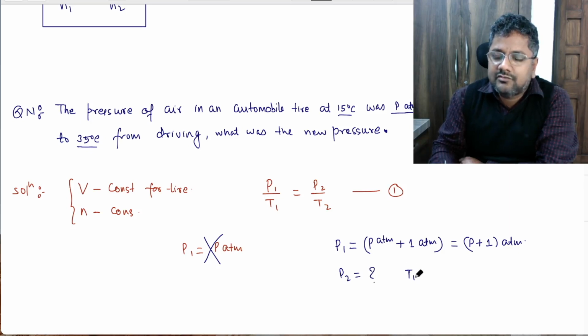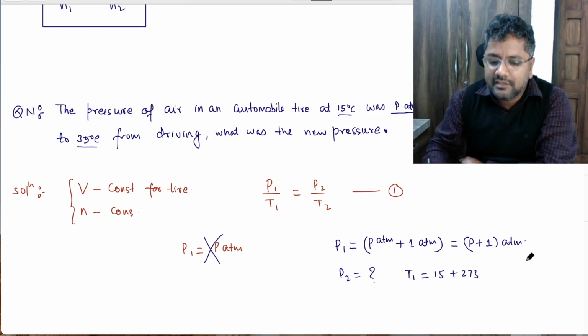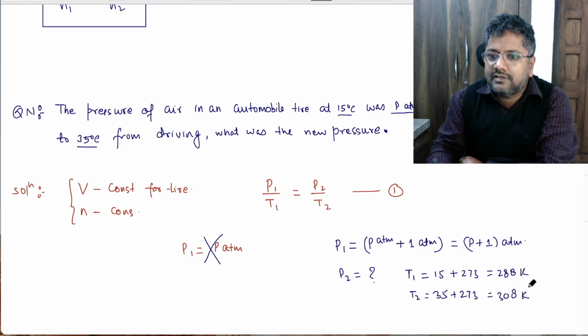T1 is equal to 15 plus 273, so we can take it as 288 Kelvin, and T2 is equal to 35 plus 273. This is equal to 308 Kelvin, right?